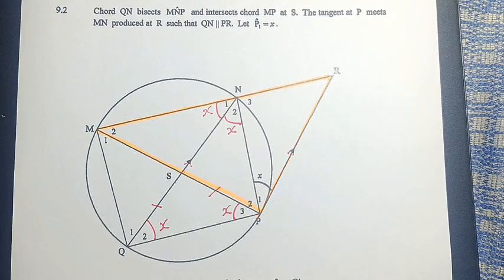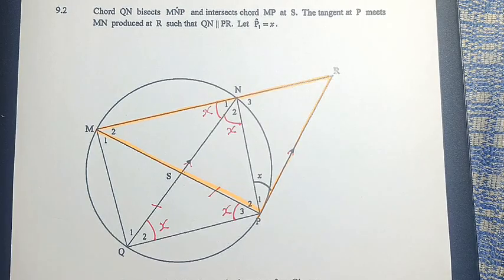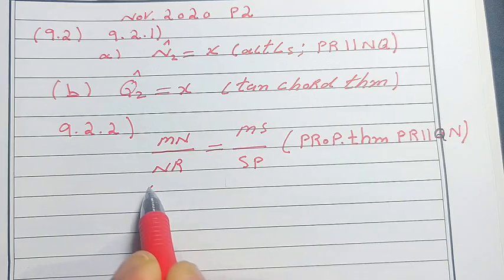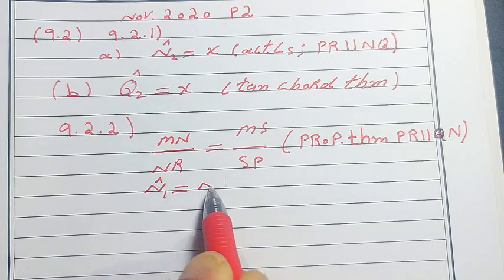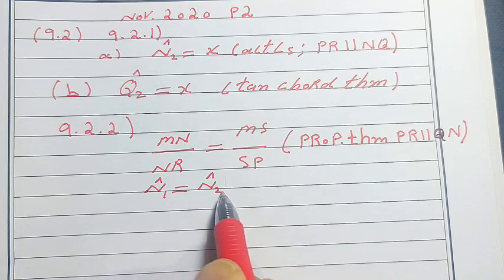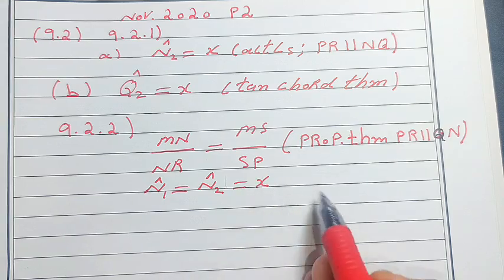So PS is equal to QS, or SQ, same thing. Then we can replace SP with QS. Angle L1 is equal to angle N2; both are equal to x because it is given.